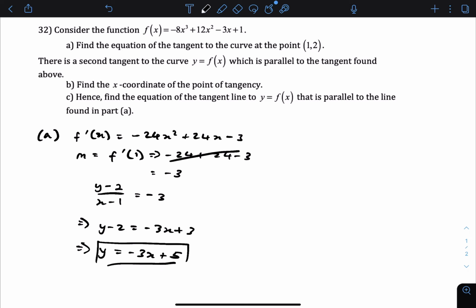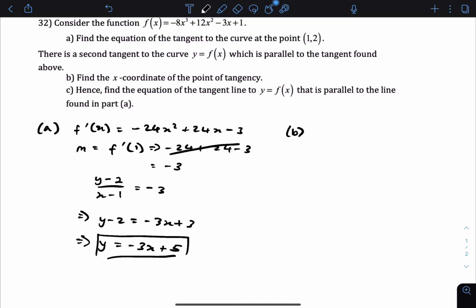That's part A. Part B, we have to find the x-coordinate of the point of tangency. This is because there's a second tangent to the curve y equals f of x, which is parallel to the tangent found above. So what we're going to have to do is basically find this x-coordinate.